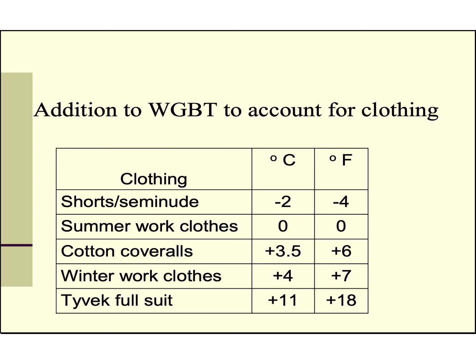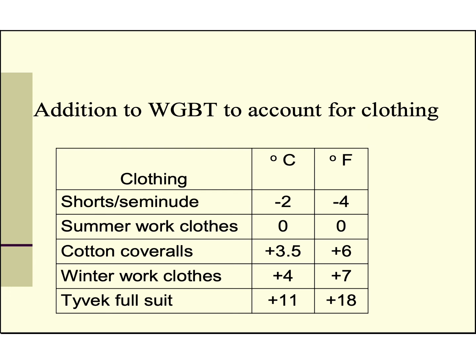The factor to keep in mind when looking at the TLV is the level of clothing. The TLV is based on summer work clothes, which is long pants and short sleeve shirt. If you're wearing less clothes than that or more clothes, you can adjust the WBGT to account for the clothing. The first 3 items on here are from the ACGIH.